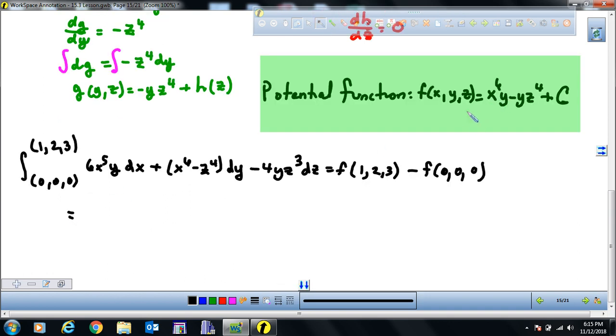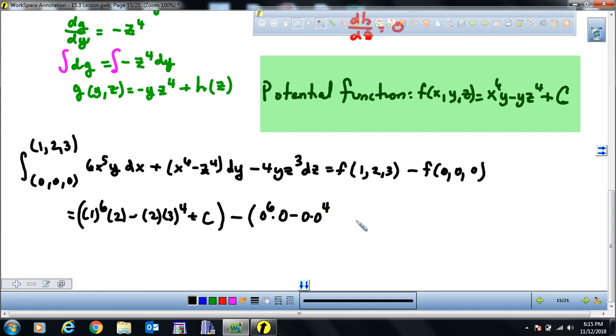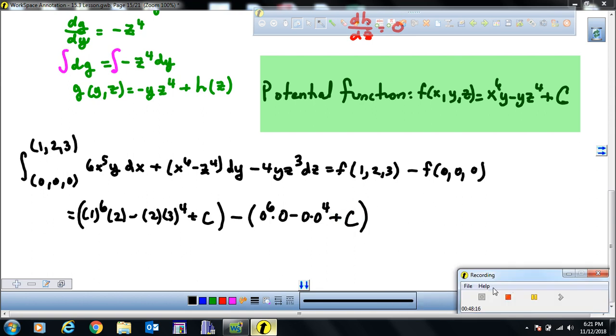when I put in 1, 2, 3, we're going to get 1 to the 6th power times 2 minus 2 times 3 to the 4th power plus some constant c, minus, evaluate them at 0. 0 to the 6th times 0 minus 0 times 0 to the 4th plus some constant c.